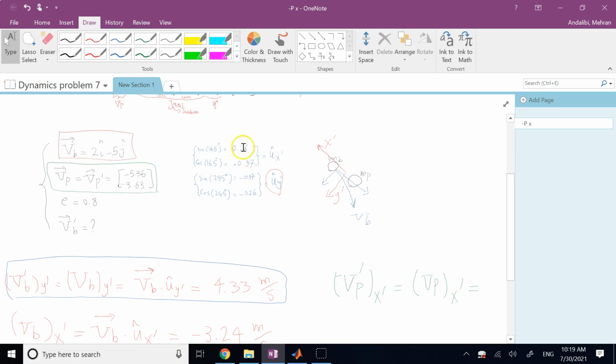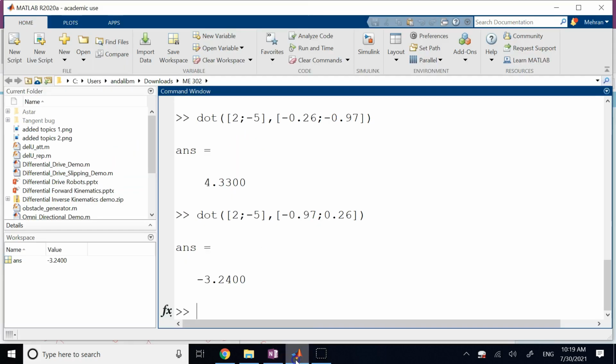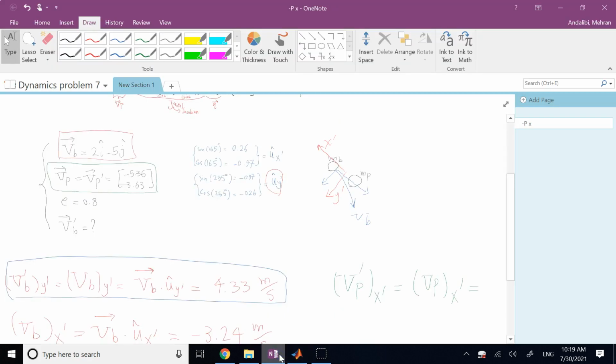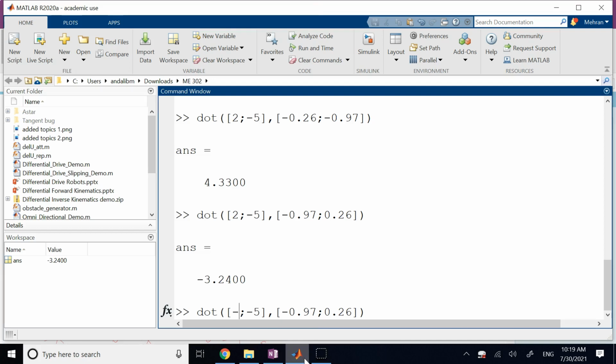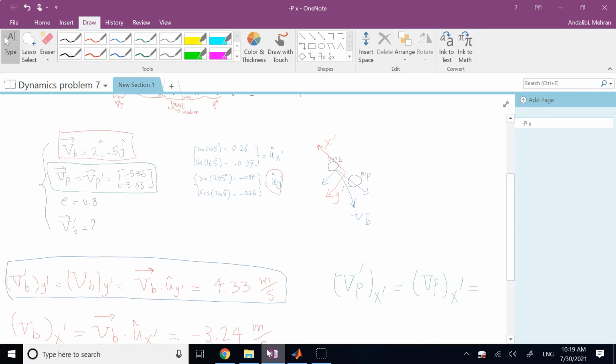So I need to use x prime, and I need to use that negative 5.36. So I use the same unit vector, but this time I use that negative 5.36 and 3.63. Correct? And if I do that, I get 6.14.